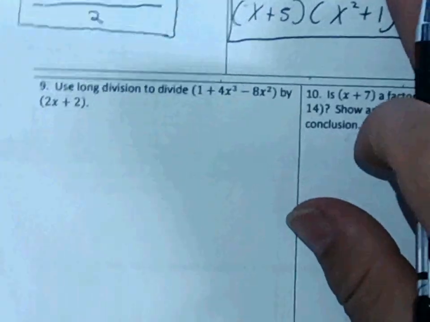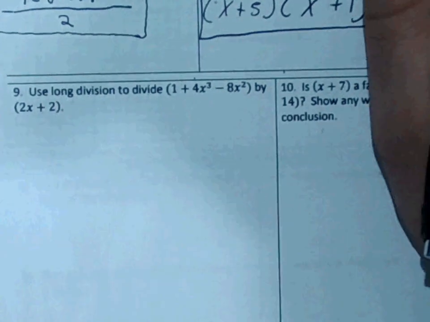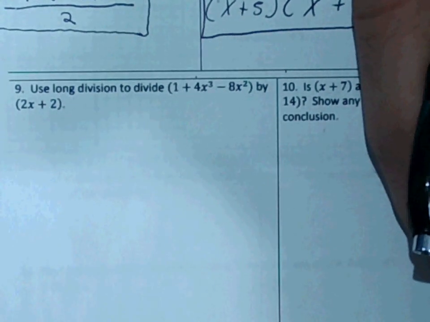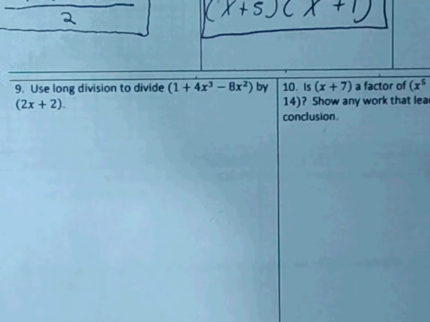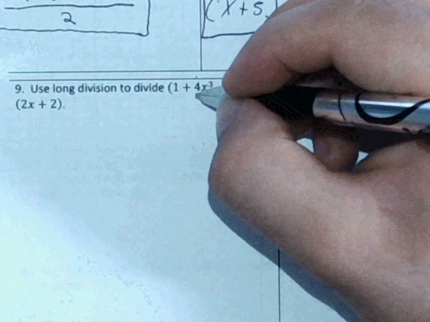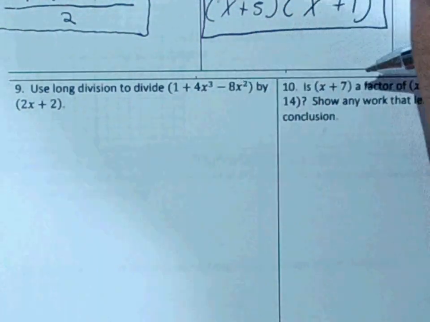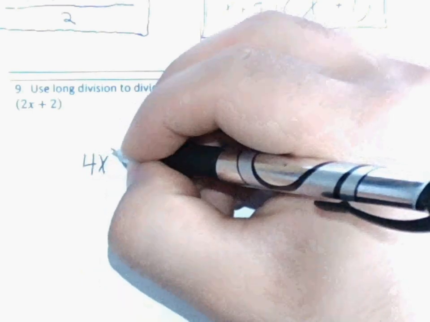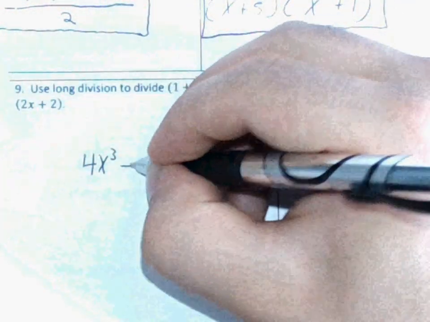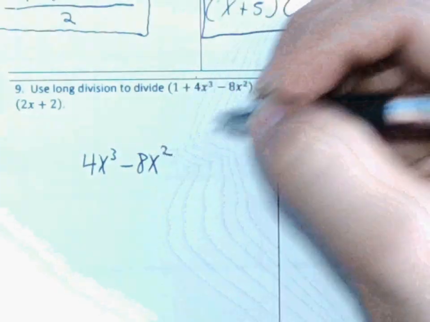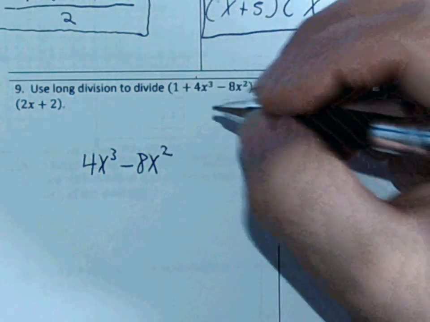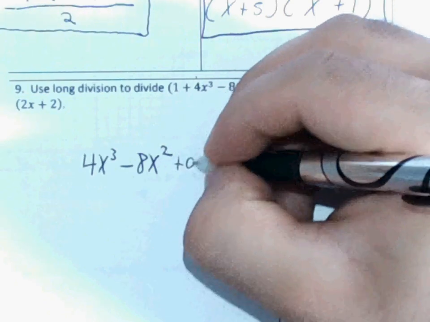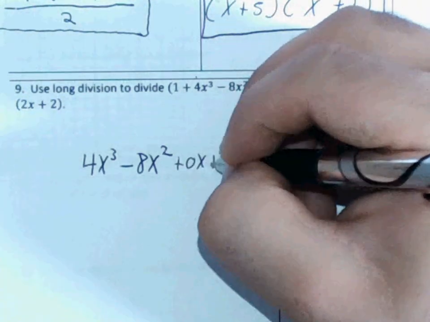Alright, going to number 9. Use long division to divide 1 plus 4x cubed minus 8x squared by 2x plus 2. So what I'm going to do is rearrange the polynomial so that it's in order of descending degree. And I'm going to write this in a very specific way. 4x cubed minus 8x squared, and then plus 0x plus 1.